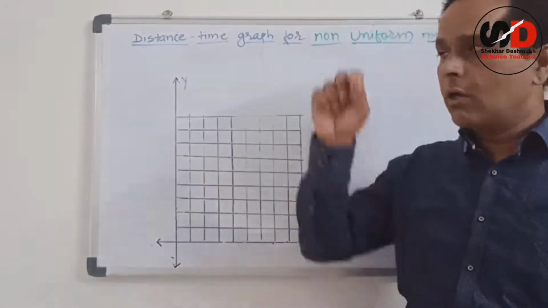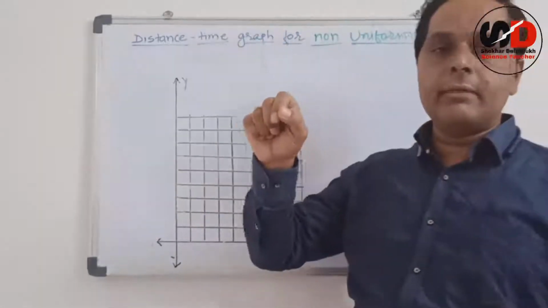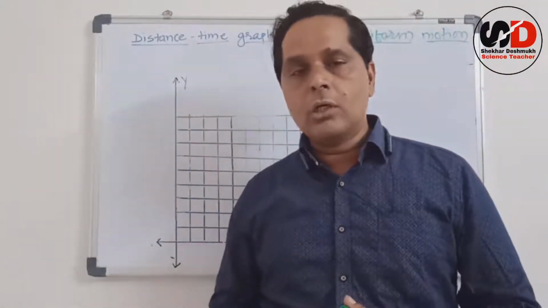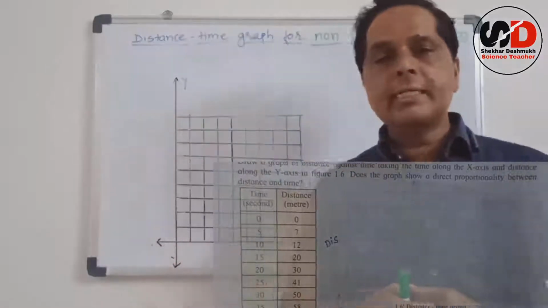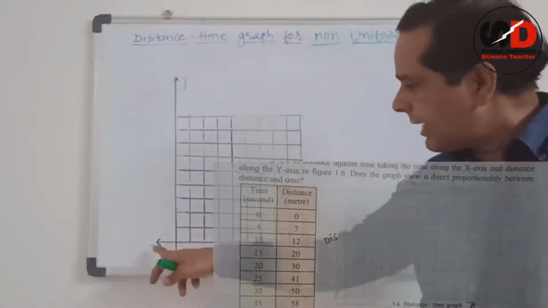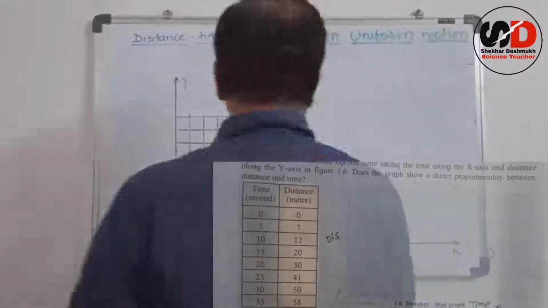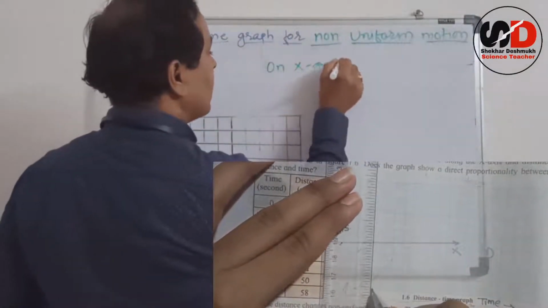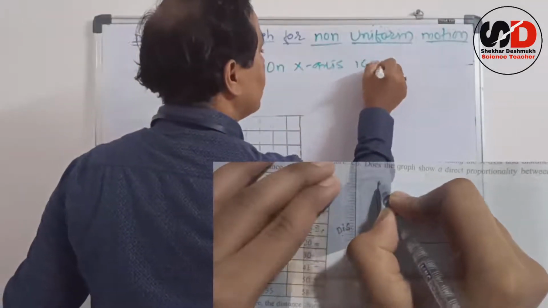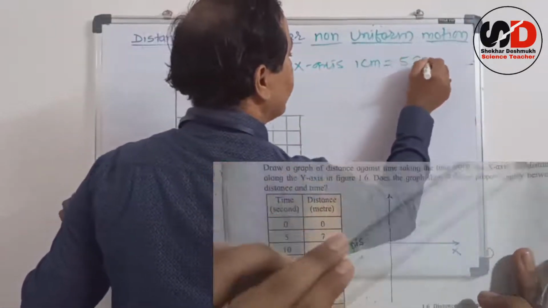On the x-axis, 1 centimeter is equal to how much can we take? 5 seconds. Only 35 seconds of readings are given. So on the x-axis it is written in this way: 1 centimeter is equal to 5 seconds.